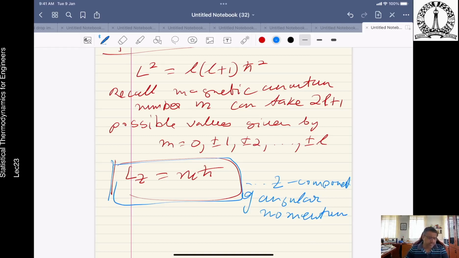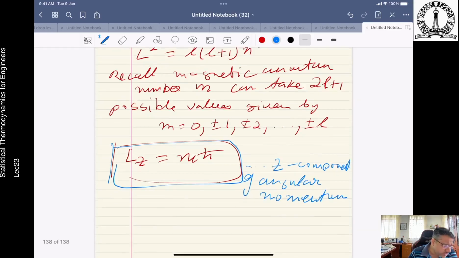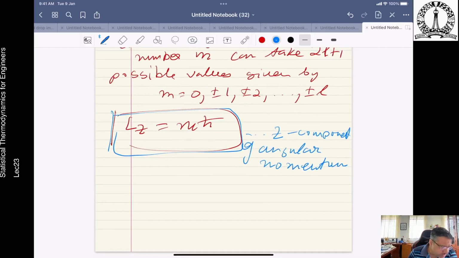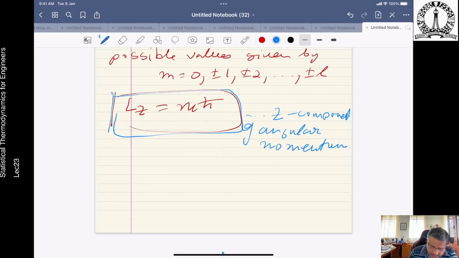Based on the above development, the distinctive mathematical feature for atomic hydrogen as compared to the diatomic molecule is the radial component of the Schrodinger wave equation. So let us look at the radial component of the Schrodinger wave equation and see what is new.